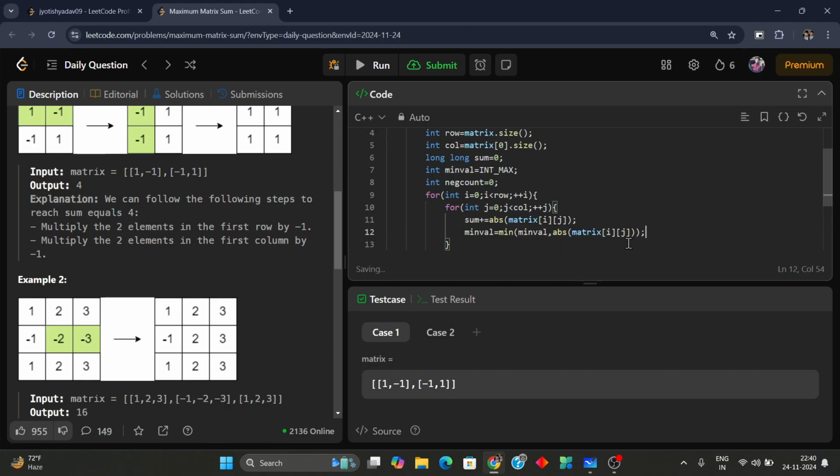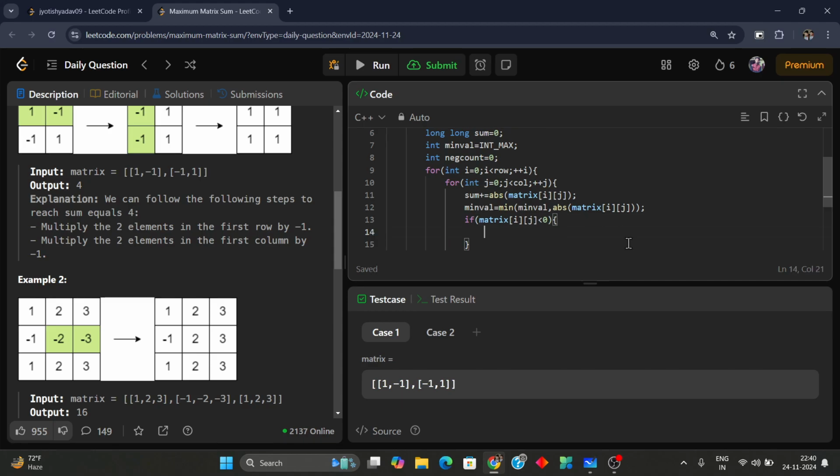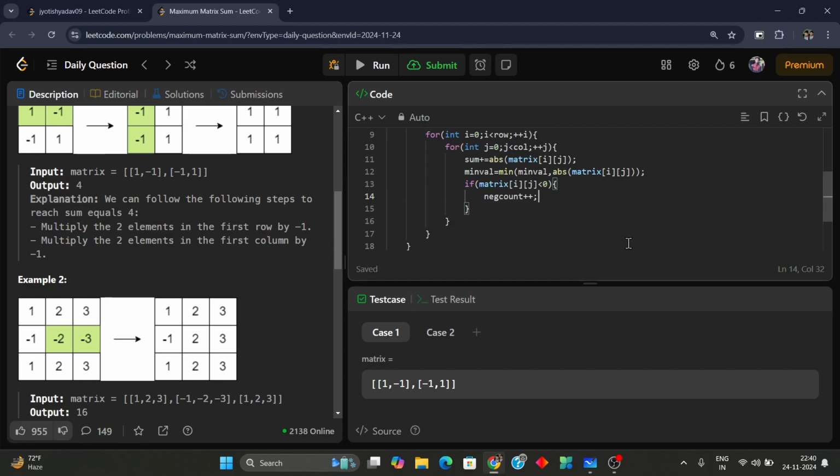And if our matrix integer is somehow less than 0, meaning negative, then we will just increment our negative count.